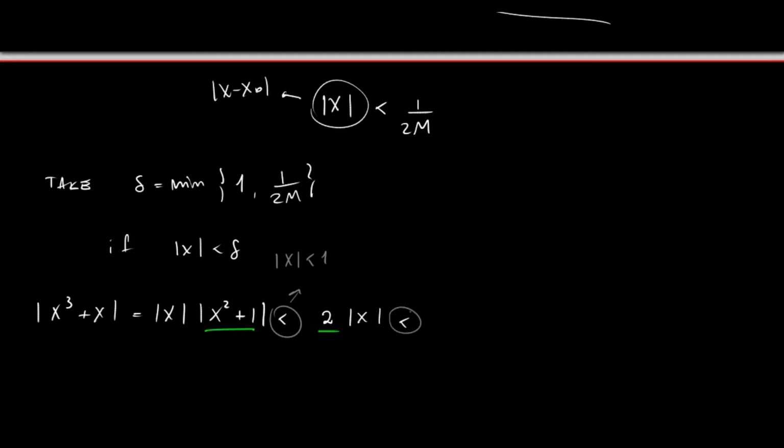And because also the absolute value of x is smaller than 1 over 2m, this is smaller than 2 times 1 over 2m. And we can cancel these two out and get that this is 1 over m.